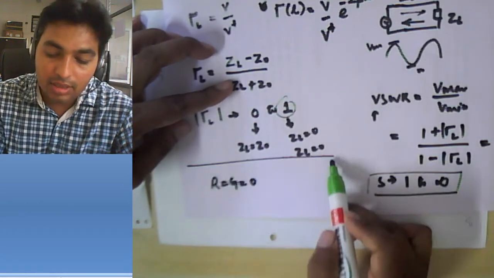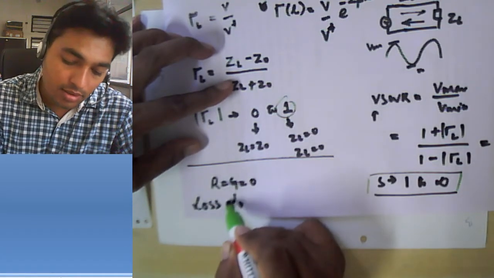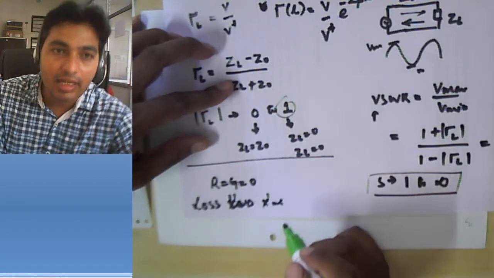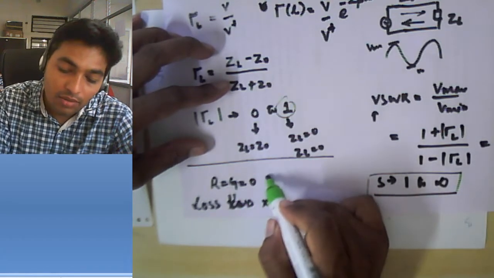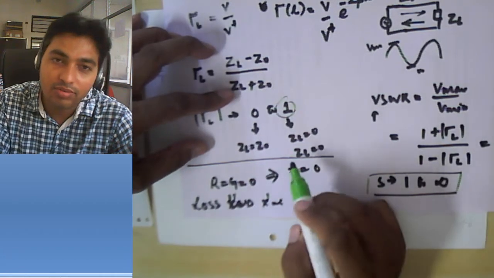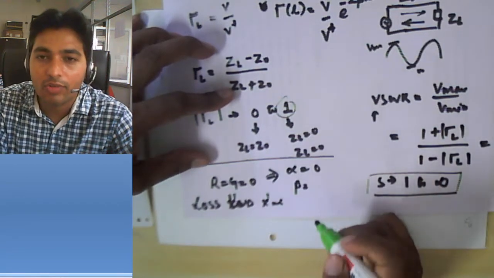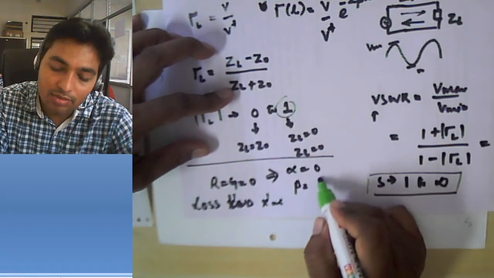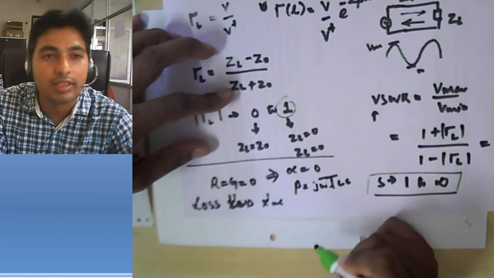That was the condition for a lossless transmission line. When R is equal to G is equal to 0, it means all the loss components are 0, which results in alpha equal to 0, where alpha is our attenuation constant, so no attenuation because there is no loss, while the phase shift constant we have derived, that will be equal to beta is omega under root L into C.